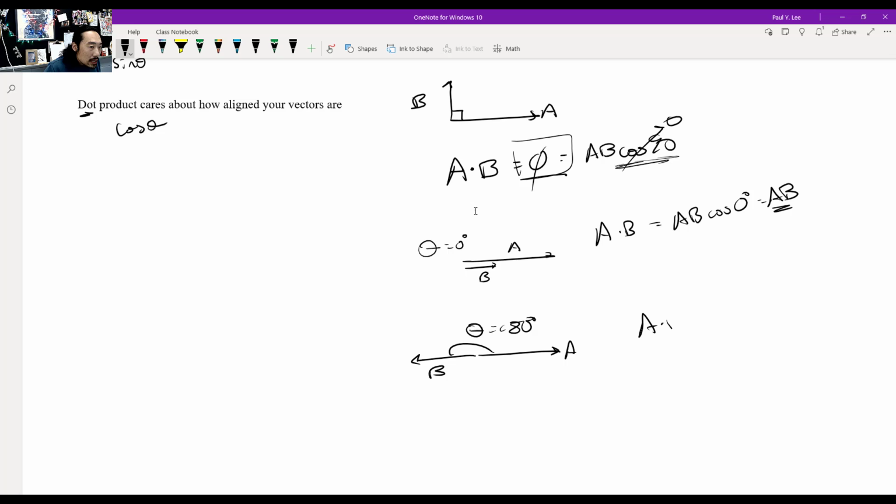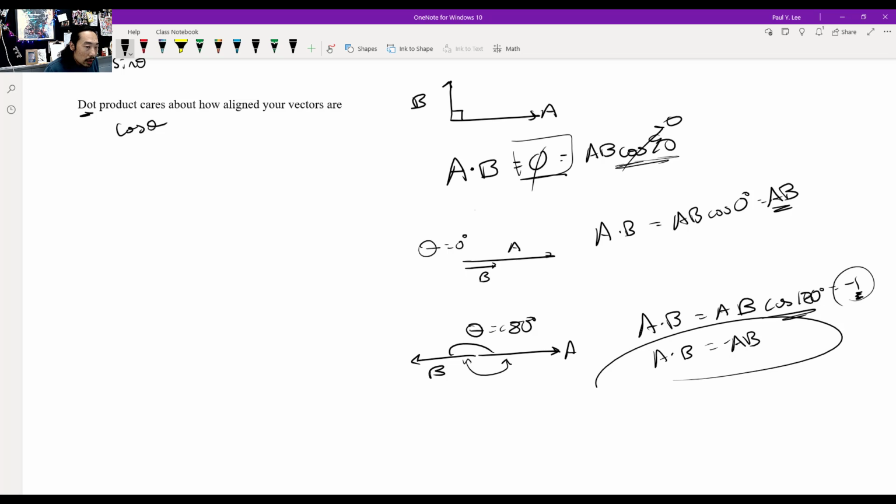So A dot product B is AB cosine of 180, and it shows us that we are 100% aligned but pointing in the opposite direction. Cosine of 180 gives us -1, and that -1 just denotes that one of the vectors is pointing in the opposite direction of the other, but the 1 tells us that we are 100% aligned. So A dot product B would just give us -AB.